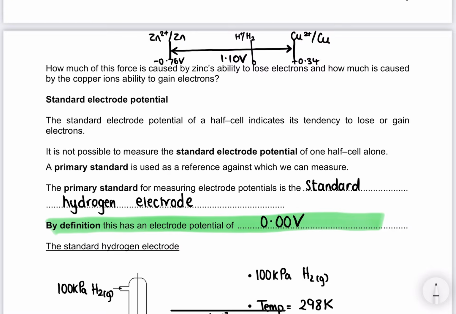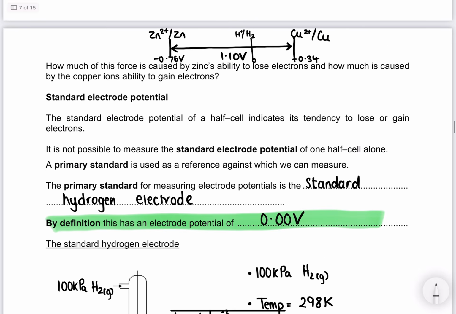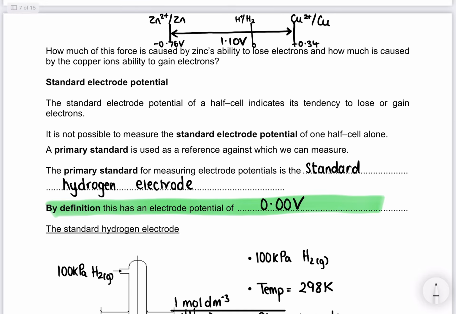When we want to measure these standard values so that we know relative to hydrogen where they are, we always put hydrogen on the left, and when we would have measured zinc, zinc would have been attached to the positive electrode, but the voltmeter would have read minus 0.76, so that would have been a bit strange, but what it's telling us is it's less likely than hydrogen to gain electrons, and we can see the difference between copper and zinc then is 1.1. So I'm going to spend a lot more time in other videos looking at how we can use this information.